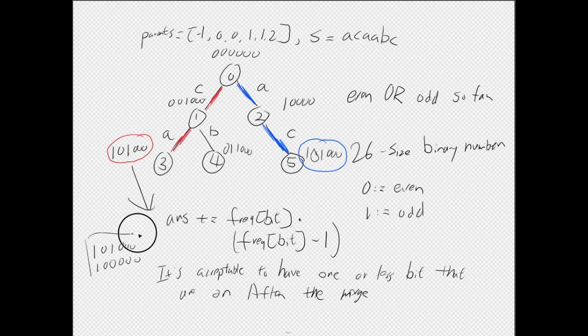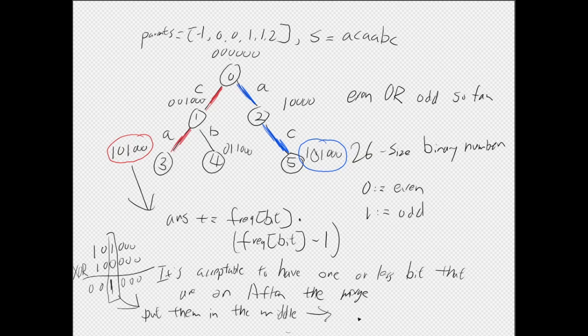If we merge these two paths, this path and this path, we will have the remainder of this one. So in programming, we can do an XOR, but all the other bits will be 0. We only have 1 that is remaining. We just put it in the middle. So it is acceptable. For instance, this AA, we can match here, and the other one we can just place in the middle. So it just works as well.